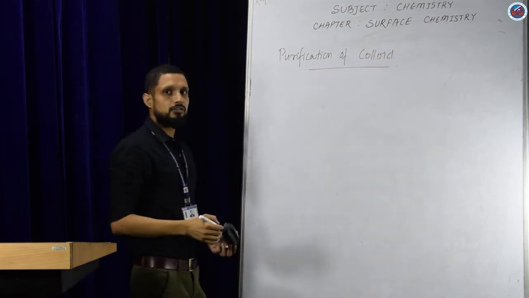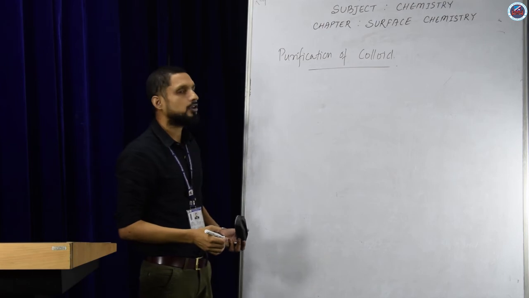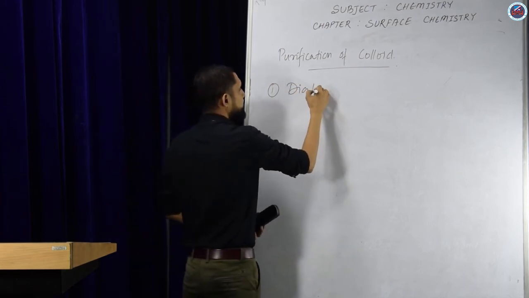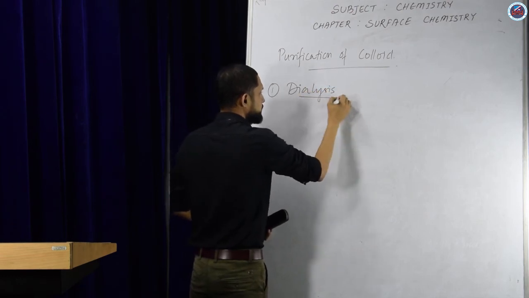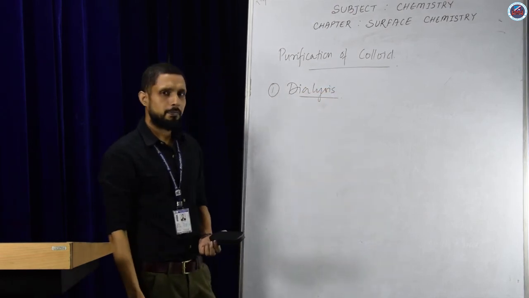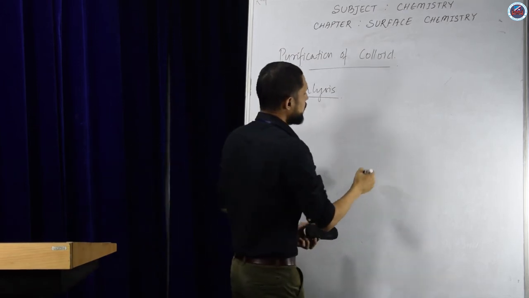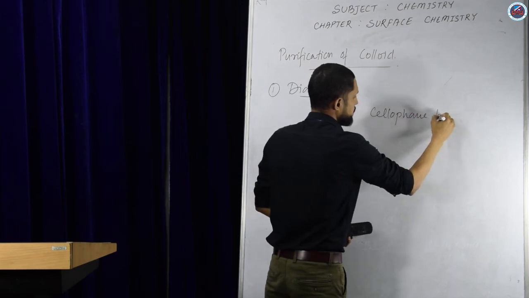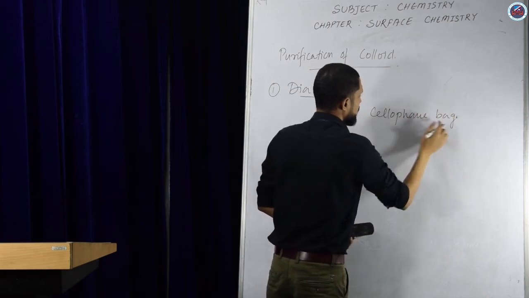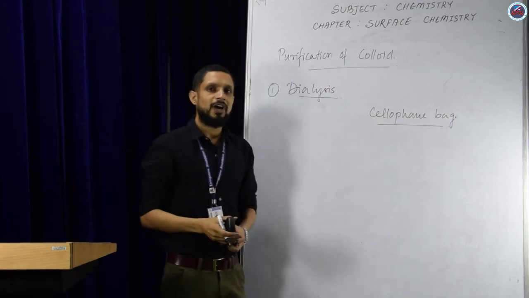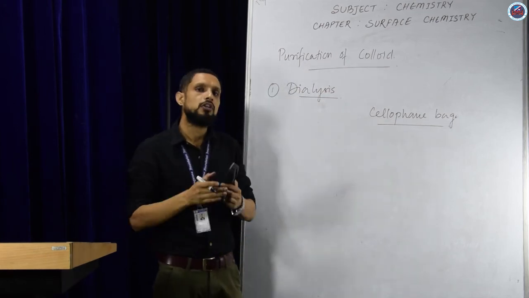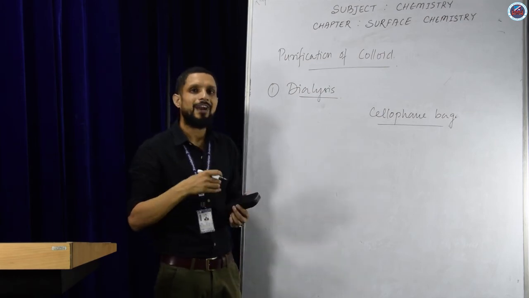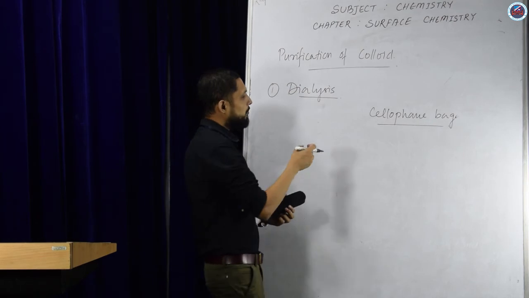So there are three important methods which are used for the purification of colloid. First is dialysis. So in dialysis method, we use a cellophane bag. Now this dialysis method can be used for the removal of crystalloid, for removal of HCl from the colloid.